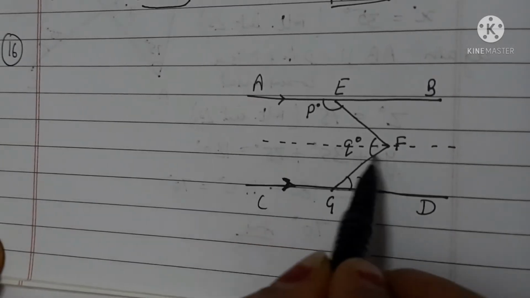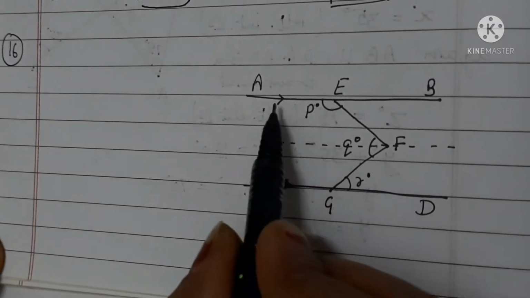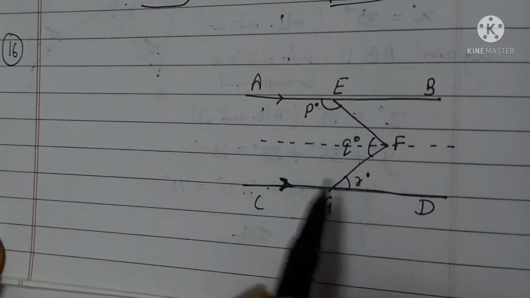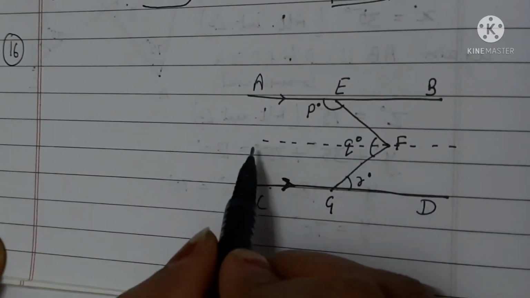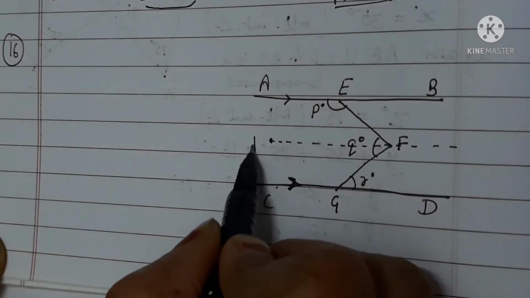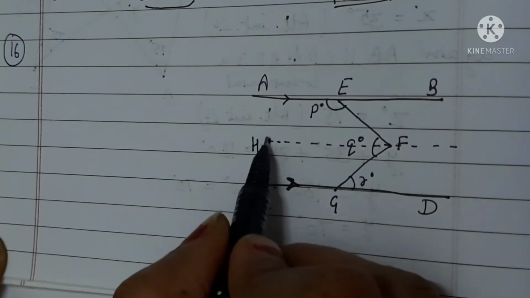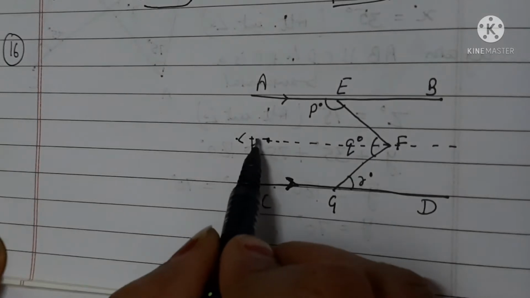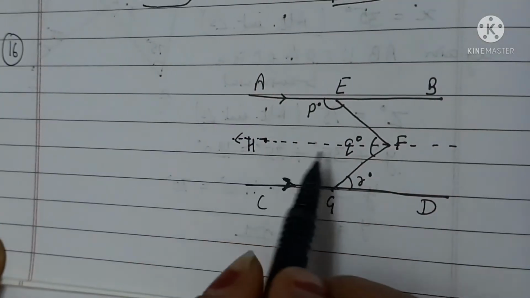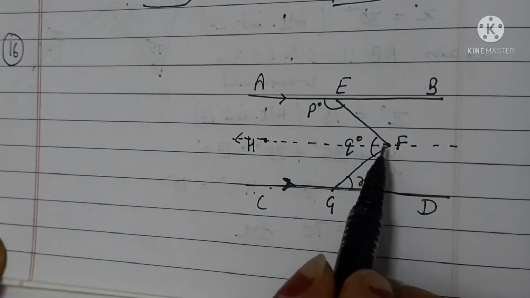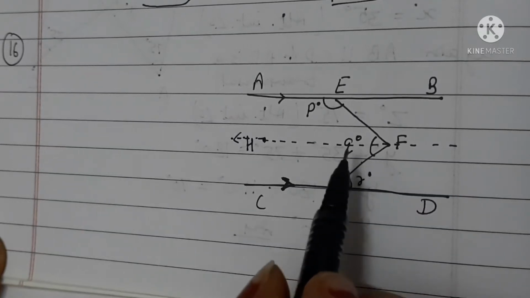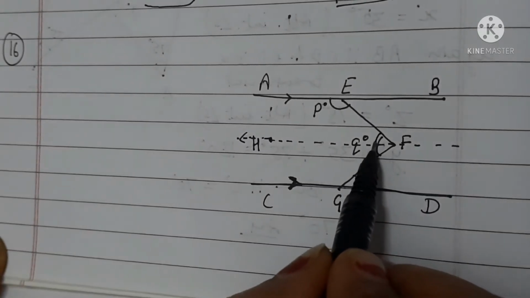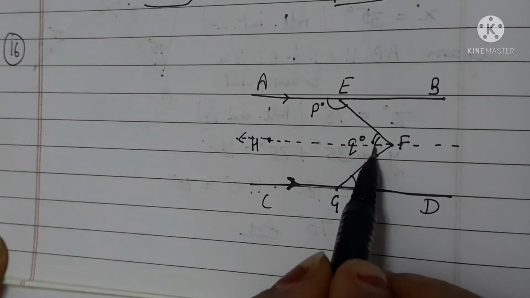Give this line the name FH, because G is also given. Now it divides angle Q into two parts. This is part 1 and here it is part 2.